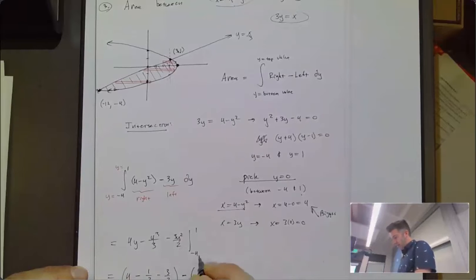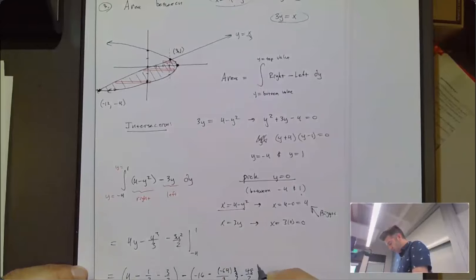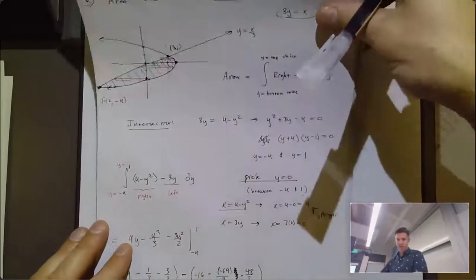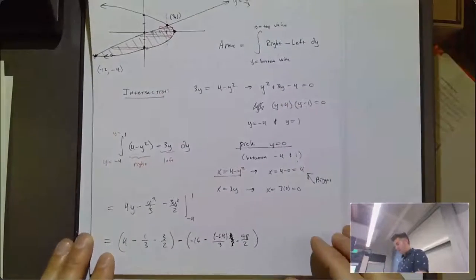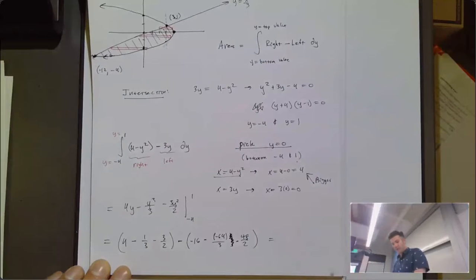Minus, and you plug in -4 and you get -16 minus -64 over 3. Minus 3 times -4 squared, which is 3 times 16, which is 48. We could do more simplifying, but sorry, I'm off the page. You guys should tell me if you can't see it. That would equal some number, but that's not really important for me.